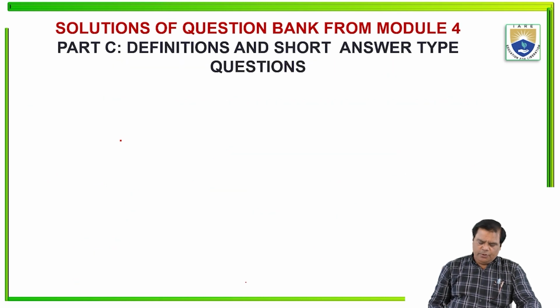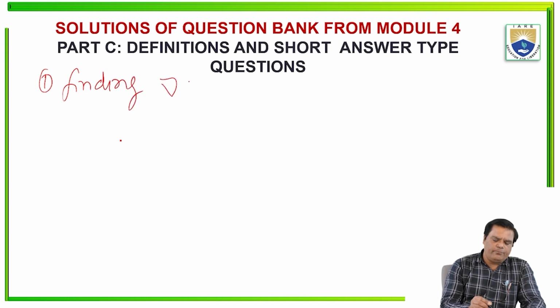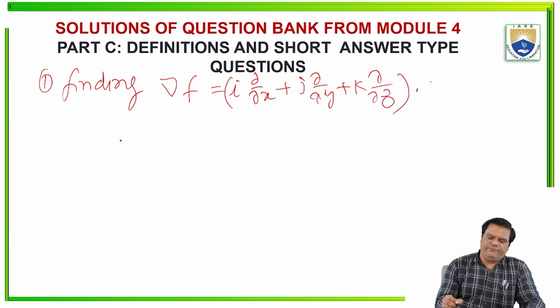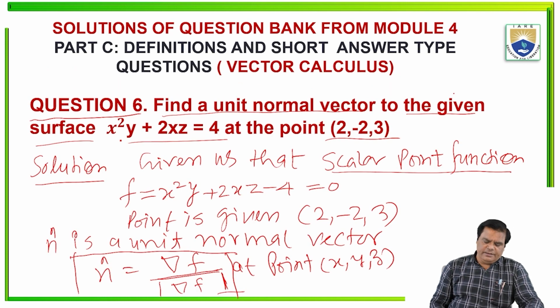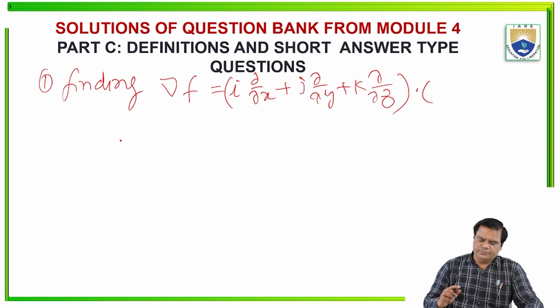Now first of all, number 1, finding del f. What is del f? Del f means i dou over dou x plus j dou over dou y plus k dou over dou z. This is the del. And f is given here: x square y plus 2xz minus 4.